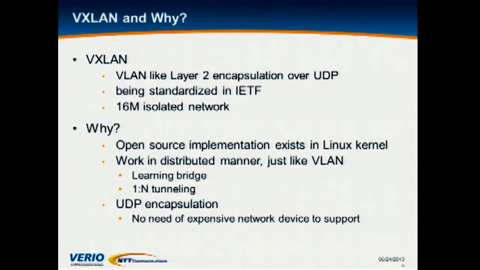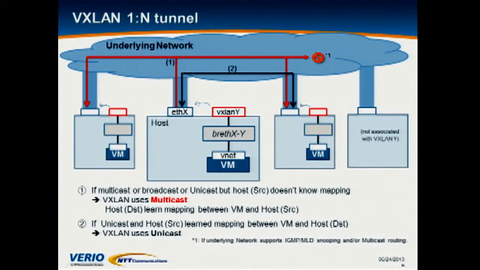It works as a learning bridge and allows setup of one-to-n tunneling. It also uses UDP encapsulation, so we don't need expensive network devices to support VXLAN, just IP packets. So I'd like to talk in more detail about one-to-n tunneling.